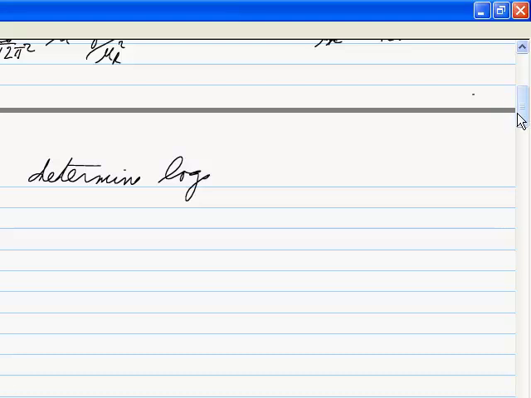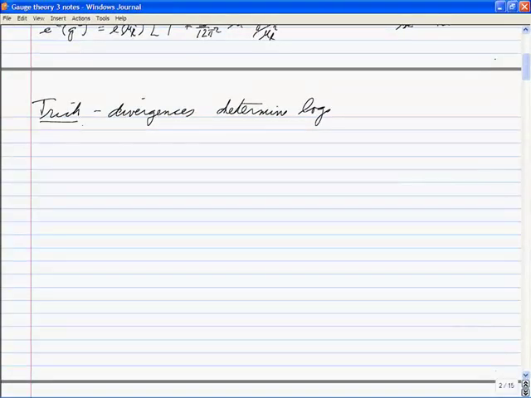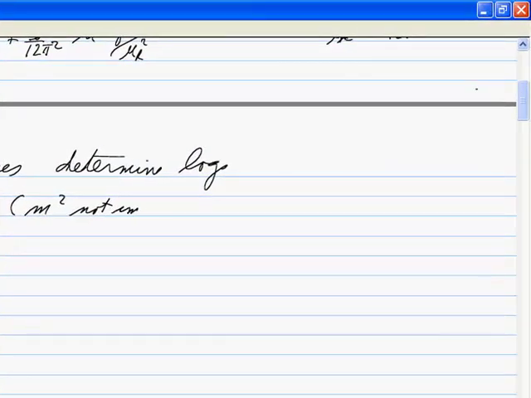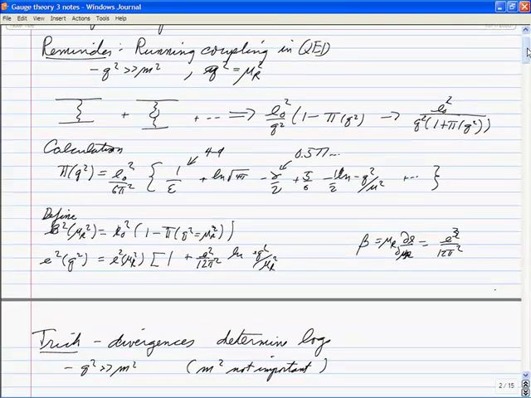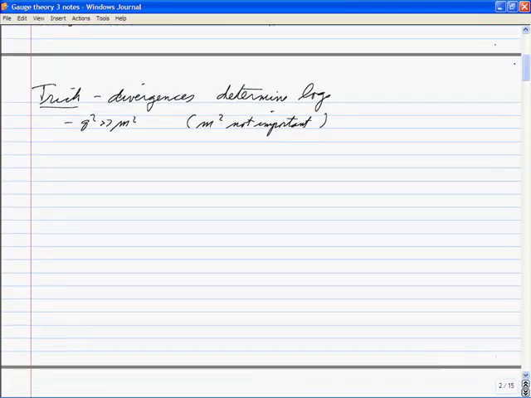And here's why it happens. We're going to work at q squared much bigger than m squared, so m squared is not important. And you see that in the vacuum polarization there, m squared has dropped out. It's always small compared to q squared, so you just neglect it. Then mu enters only in the following way.